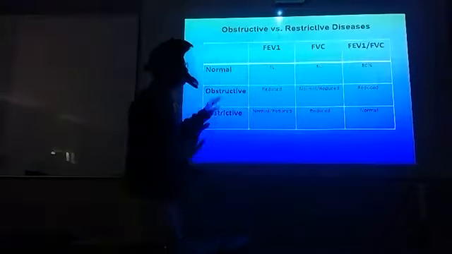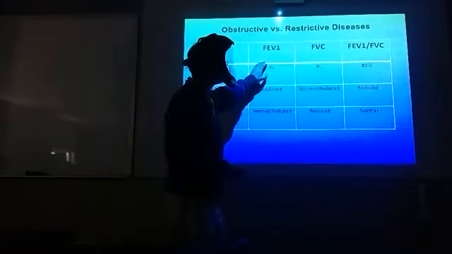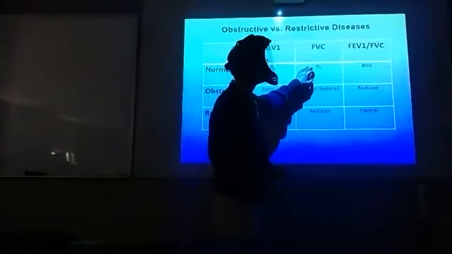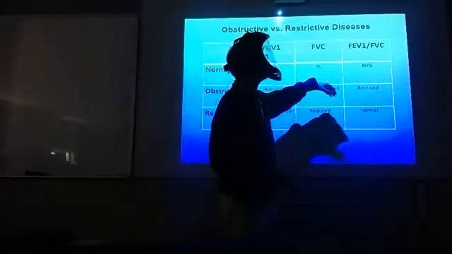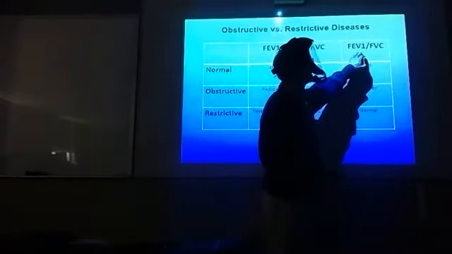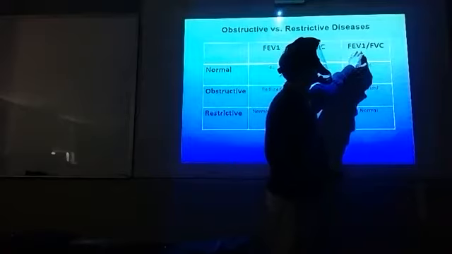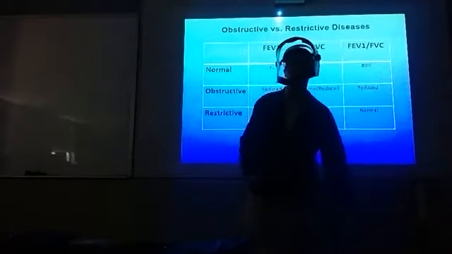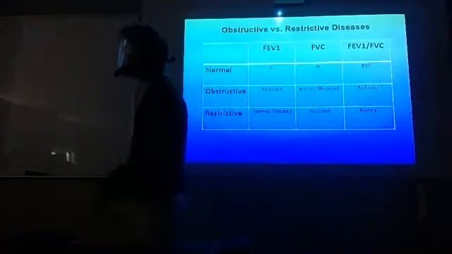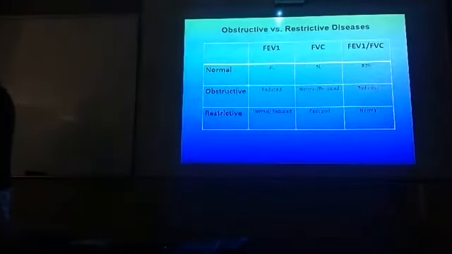Now, typically, the FEV1 is about 80% of the forced vital capacity. But very often we measure that by expressing it as a ratio. The FEV1 over the FVC typically is about 80%, meaning the FEV1 is approximately 80% of what the forced vital capacity is.